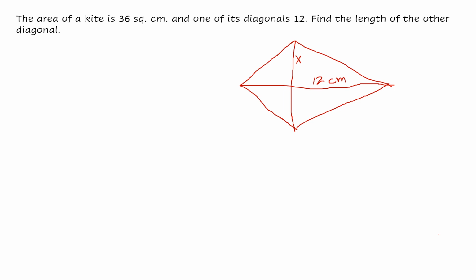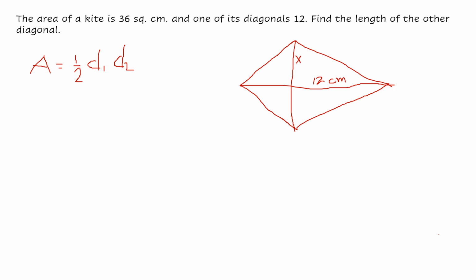Applying the formula to get the area of a kite, which is A for area equals 1/2 times the product of diagonal 1 and diagonal 2.